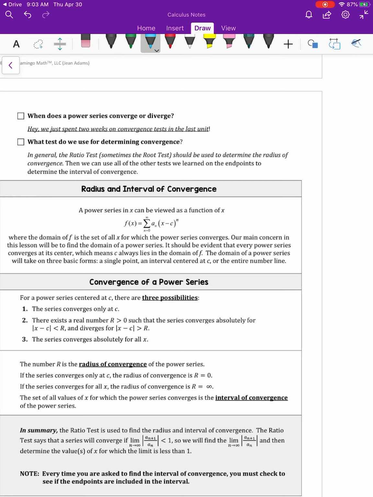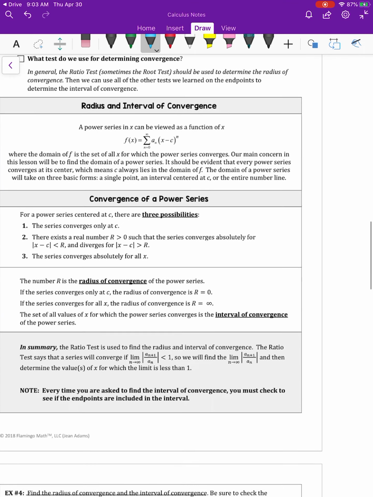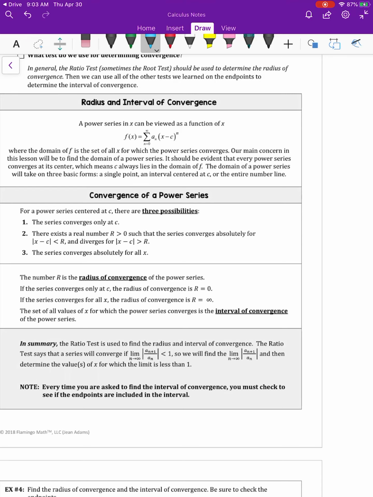The number R is the radius of convergence of the power series. If the series converges only at c, the radius of convergence is 0. If the series converges for all x, the radius of convergence is R equals infinity. The set of all values of x for which the power series converges is the interval of convergence. In summary, the ratio test is used to find the radius and interval of convergence.